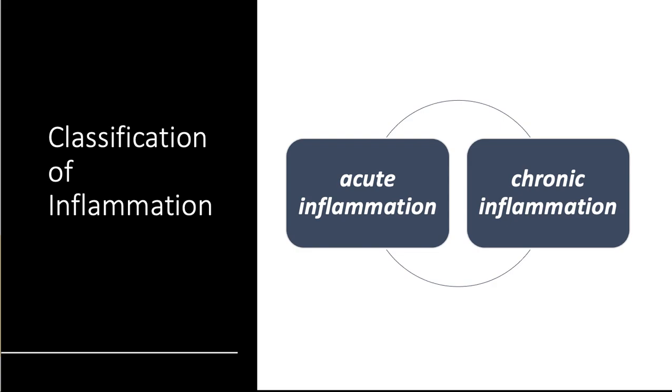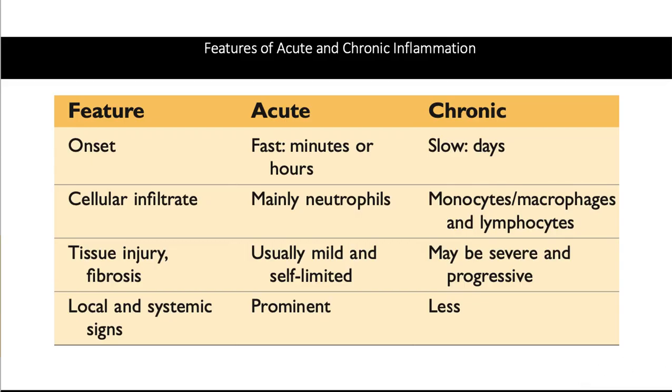Inflammation may be of two types: acute inflammation and chronic inflammation. We are going to consider the features of acute and chronic inflammation. But before that, let's understand what the term implies. Rapid response to infections and tissue damage is called acute inflammation.